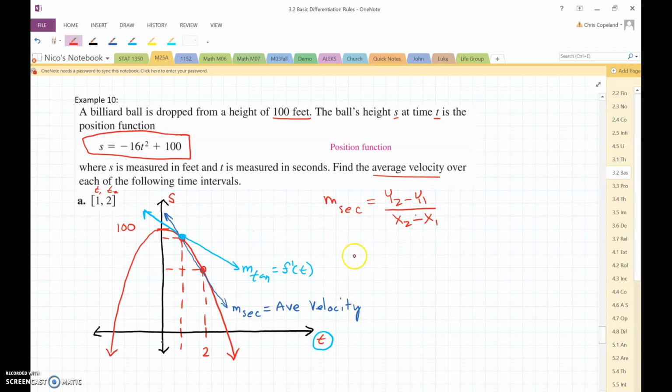So let's do this. s of 1 equals negative 16 times 1 squared plus 100, which would be 84. And s of 2 would equal negative 16 times 2 squared plus 100. So this would be 4 times 16, which is 64. Negative 64 plus 100 would be 36.